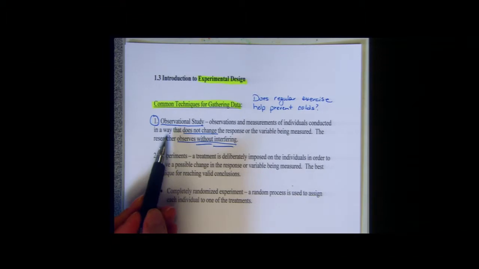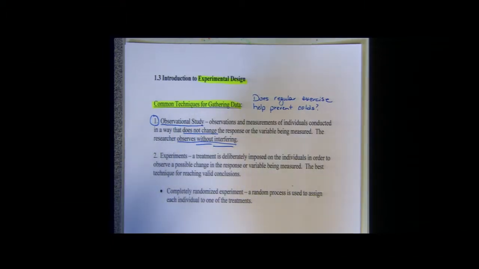So an observational study would be when you do not apply any treatment or anything. You just get a group of people, you observe them in their normal everyday. You might give a questionnaire that asks, how much do you exercise? How many colds did you have? But there's no treatment involved at all. There's no interference. You just let people go about their regular day.